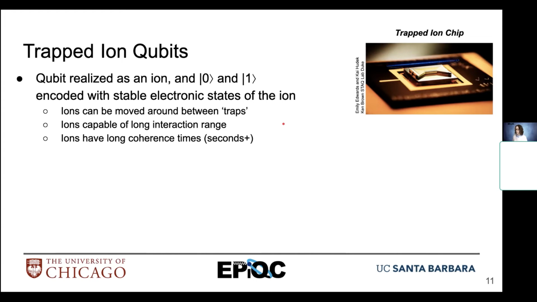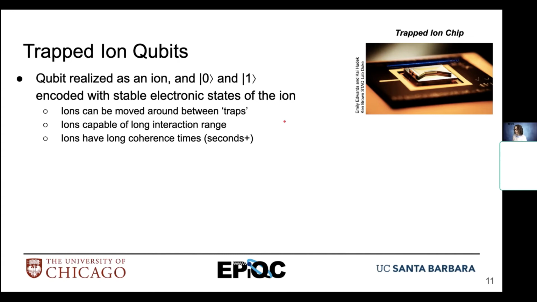Ions have long coherence times. So we looked at the coherence times of the superconducting device, the IBM Q Yorktown, what it was reporting in February. And you can just go in on the IBM Quantum Experience and check out the coherence times for devices. For the IBM device, the coherence time was in the range of tens of microseconds.